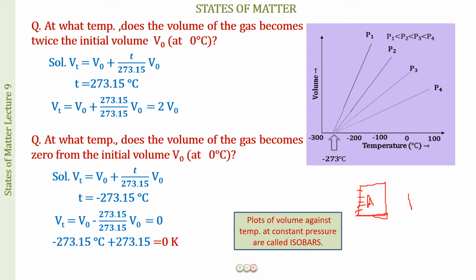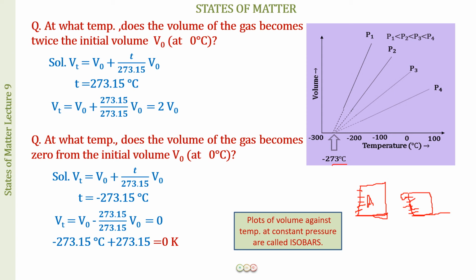Similarly, if I take a B gas, now this B gas has a lesser volume, but the lesser volume also is going to be divided again into these 273 parts, right? So every time we decrease the temperature by 1 degree Celsius, the volume is going to decrease by 1 by 273 part, and ultimately after the decrease of minus 273 degrees Celsius, this volume is also going to become zero.